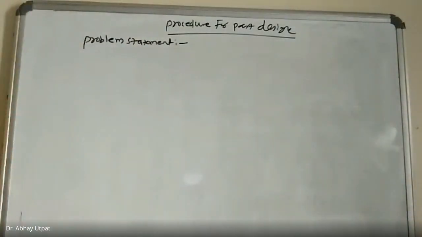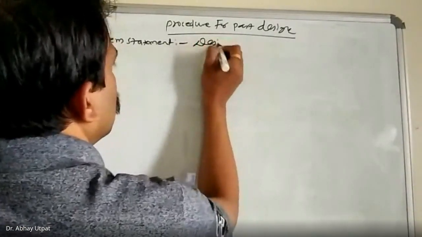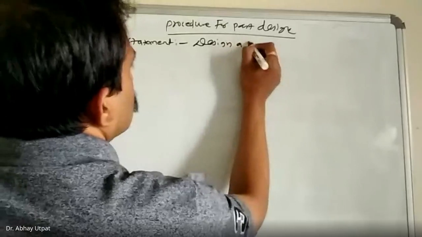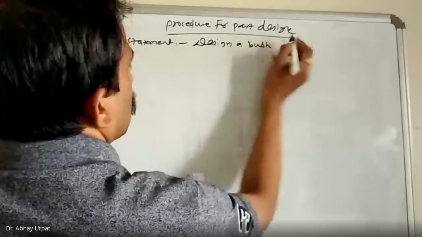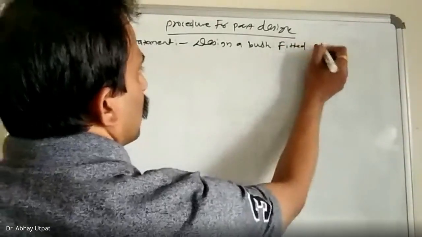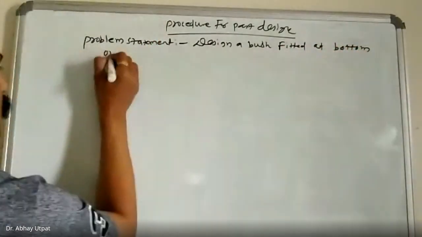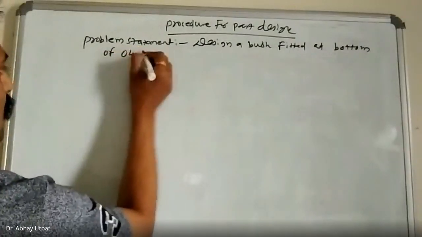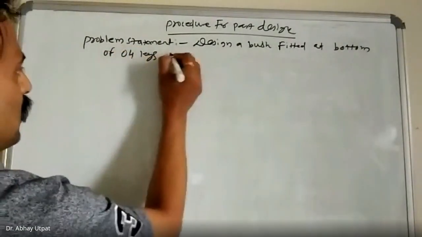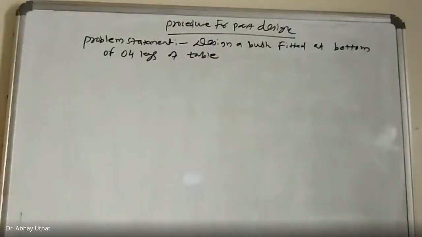So, problem statement. Design a bush fitted at the bottom of 4 legs of a table.